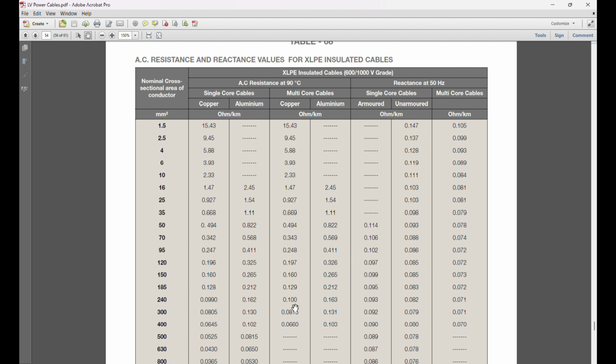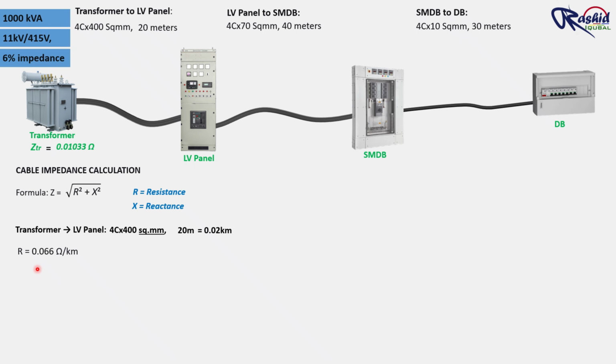Here you can see it is 0.066 ohm per kilometer. This is the resistance of this cable. And its reactance, you can see here, is 0.070 ohm per kilometer. This is the reactance.